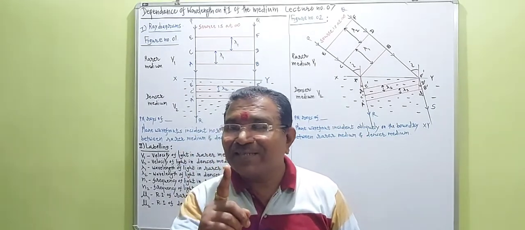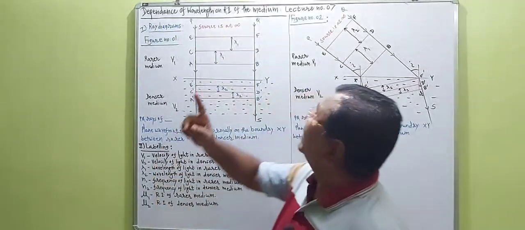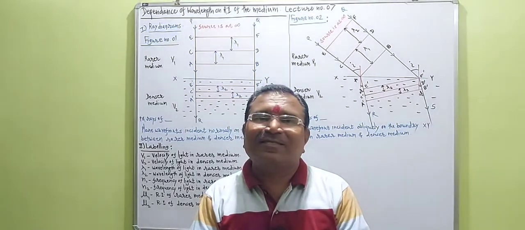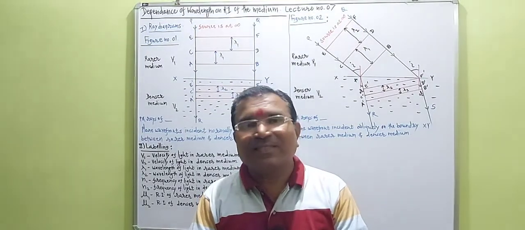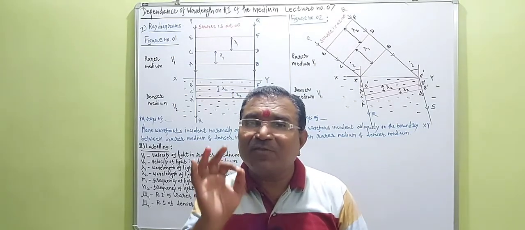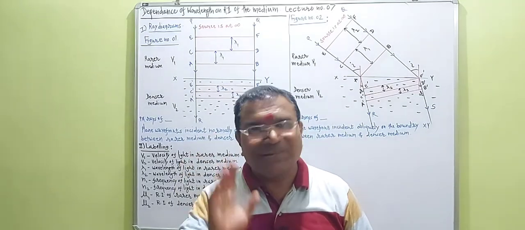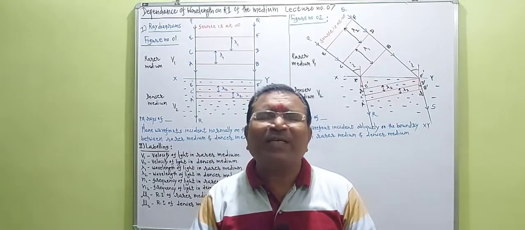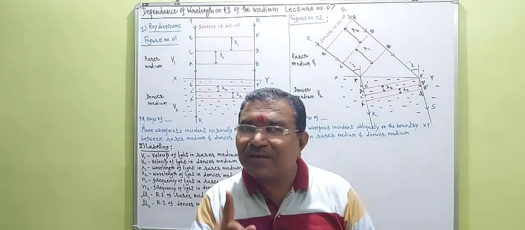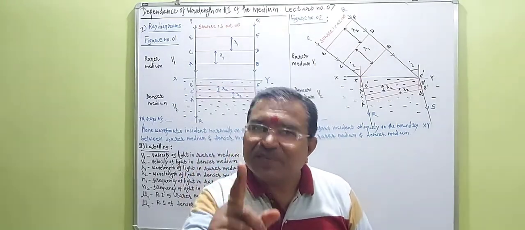As far as 12th Science Wave Optics is concerned, this is lecture number 7, and in this lecture we are going to discuss a most interesting article, that is the dependence of wavelength on the refractive index of the medium, or we can say, what is the effect of the refractive index of the medium over the wavelength of light.